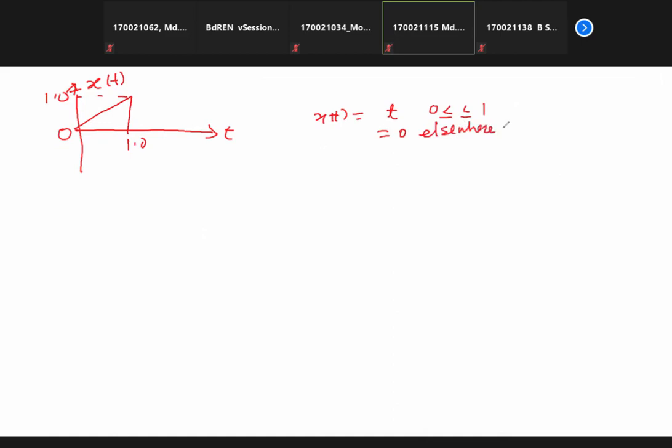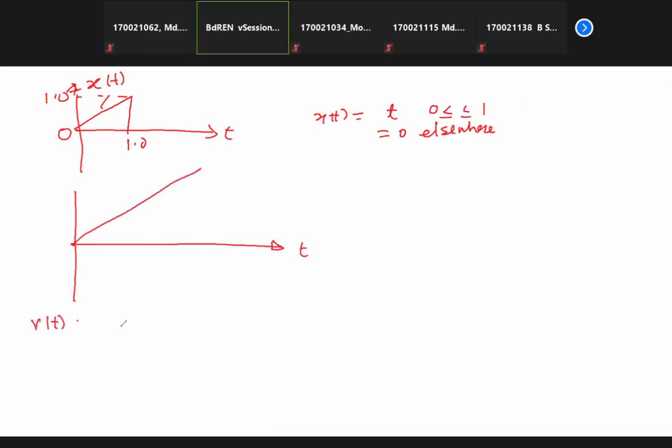Okay, how can we prepare this signal? If you want to prepare this signal, you need a function something like this, isn't it? Yes, sir. Then we will define another function, a first order type function of t, with amplitude equal to 1. We call it r(t) equal to t u(t).